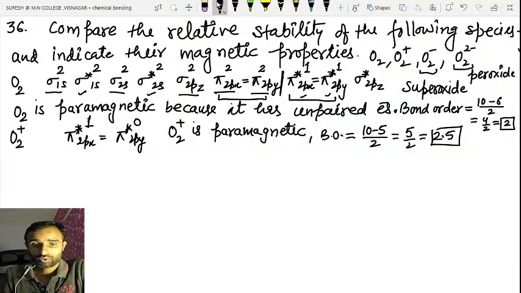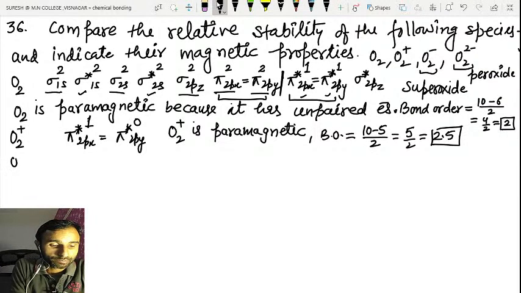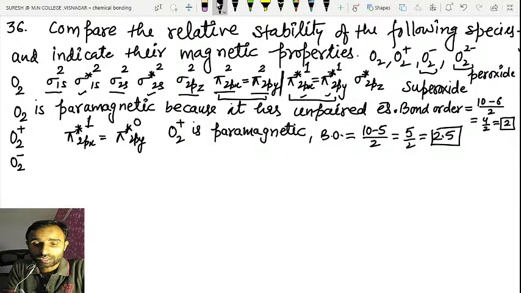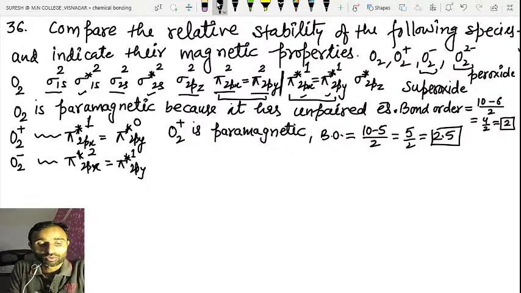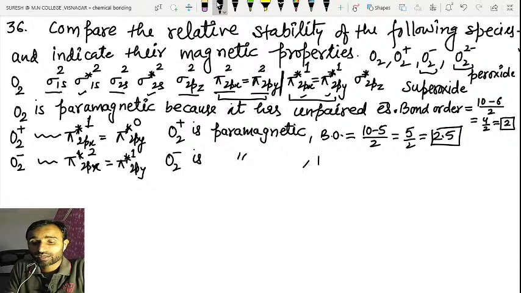Now O2 negative. See, up to this, again, everything remains same. One electron is added. So rest part same, pi star 2px, pi star 2py. So O2 negative is again paramagnetic.